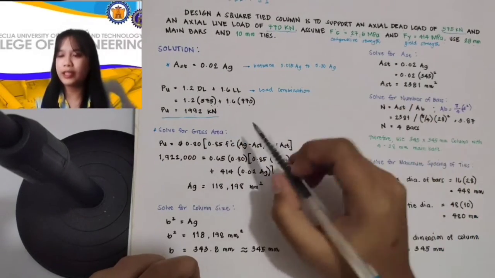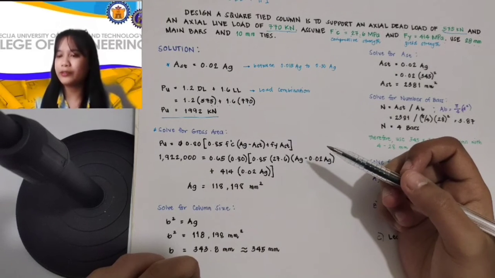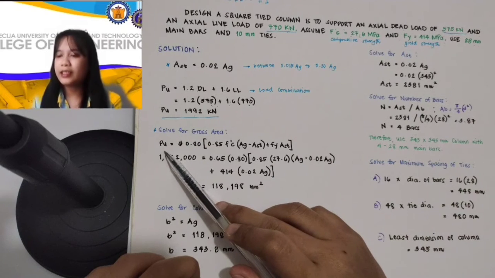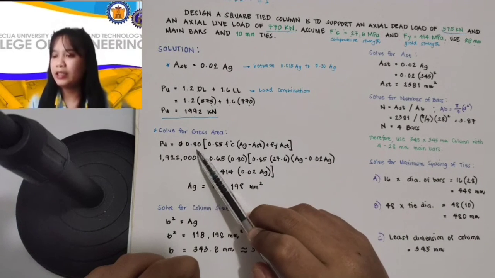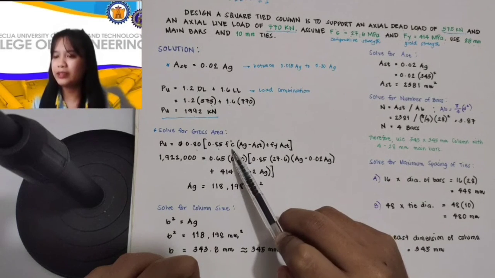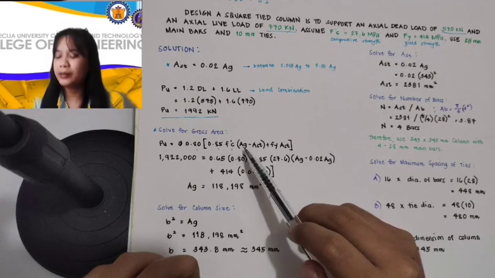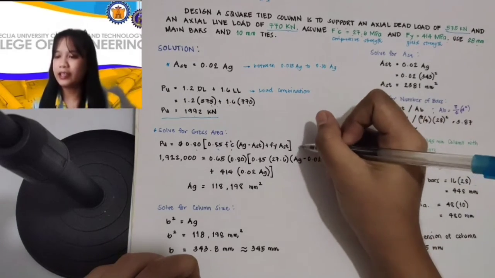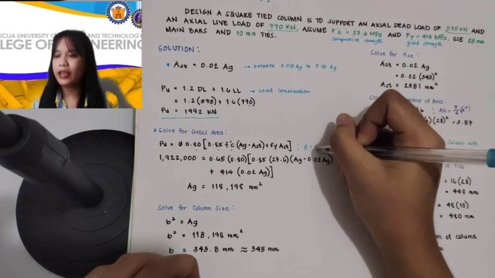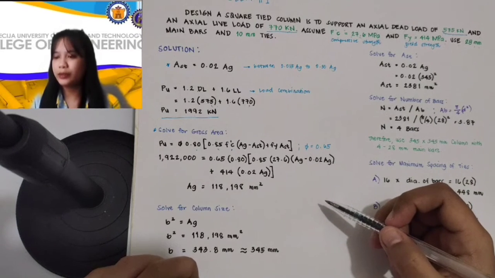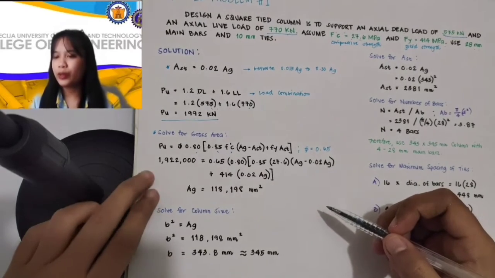Based on the formula given in the NSCP 2015, we have the resistance factor times 0.80 multiplied by 0.85 times the compressive strength, which is the fc, times Ag minus Ast, plus the yield strength times the Ast, or the area of the steel. Through that formula, we substitute the given values to compute the gross area.